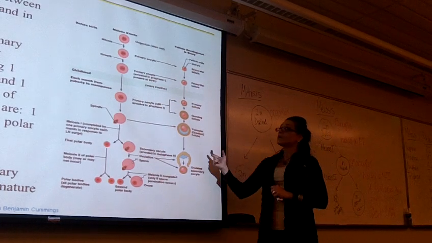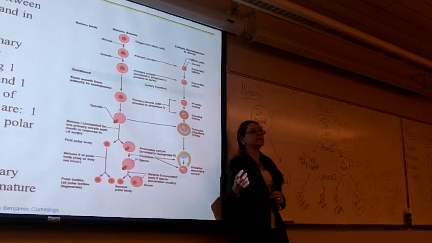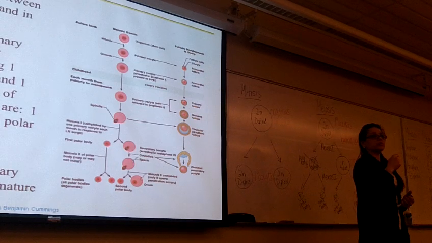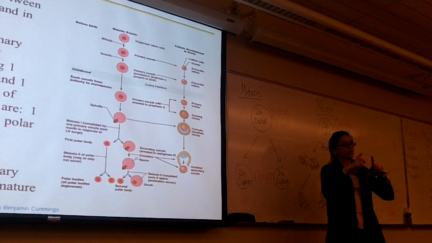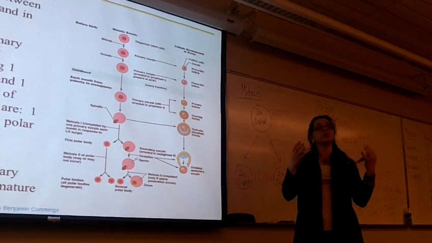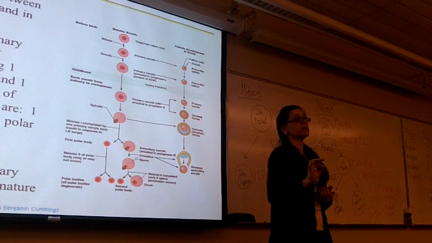Now, the follicles are important because not only are they housing these oocytes, but as the follicle starts to mature, it gets thicker. The cells that make up that follicle are going to get more numerous, and they're going to start to become very specific cell types.